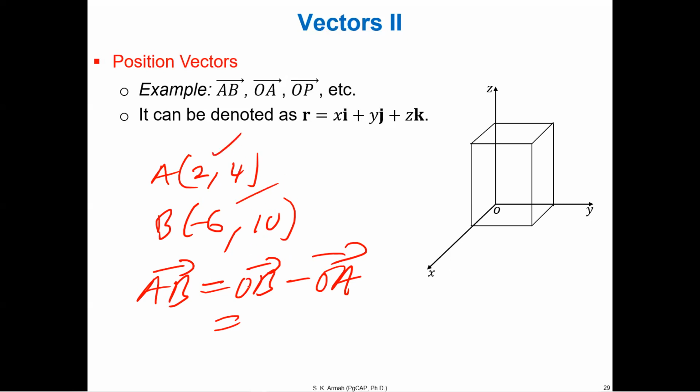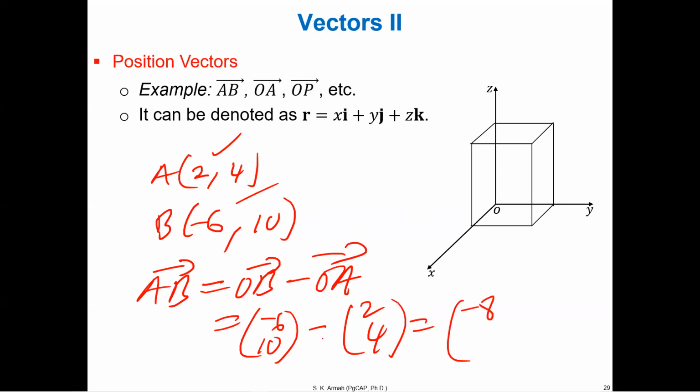So the vector OB in column form is (-6, 10), and this is (2, 4). If you do the subtraction, -6 minus 2 is -8, and 10 minus 4 is 6. If these are meters, coordinate meters, then the vector AB is also in meters. That's how to work that.